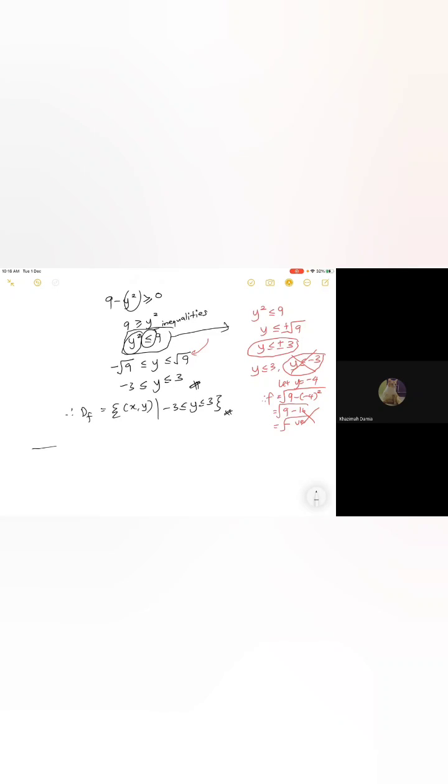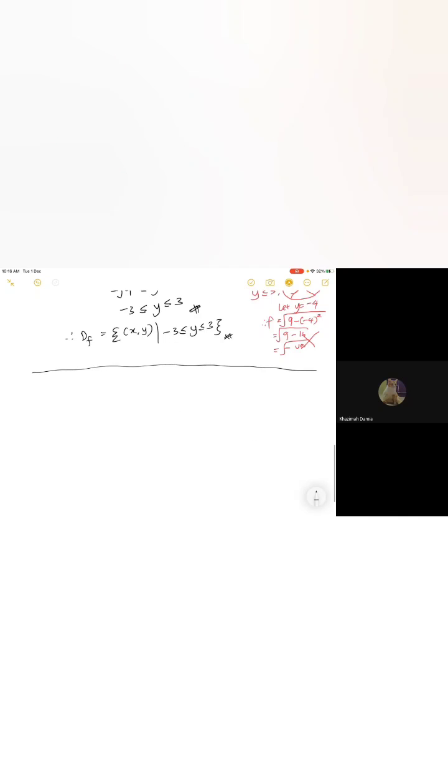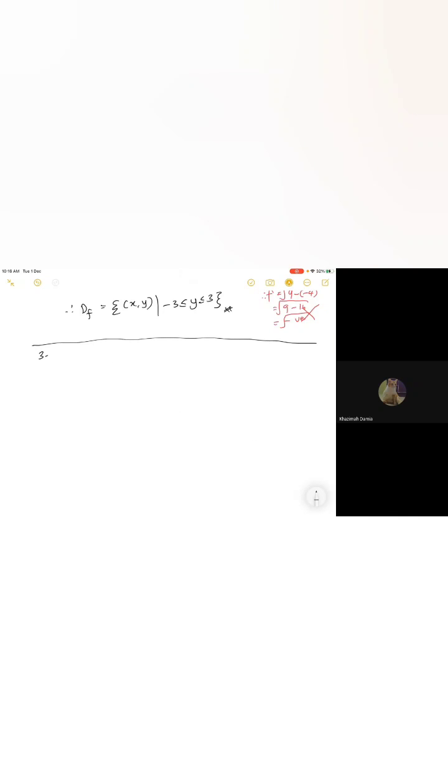Okay, sketching the graph, number 3. Actually, this number 3, we have already looked into this question in chapter 1, which is the quadric surface. So basically, it is more or less the same. For example, f(x,y) equals to negative 2. So f(x,y) is z. Z equals to negative 2.